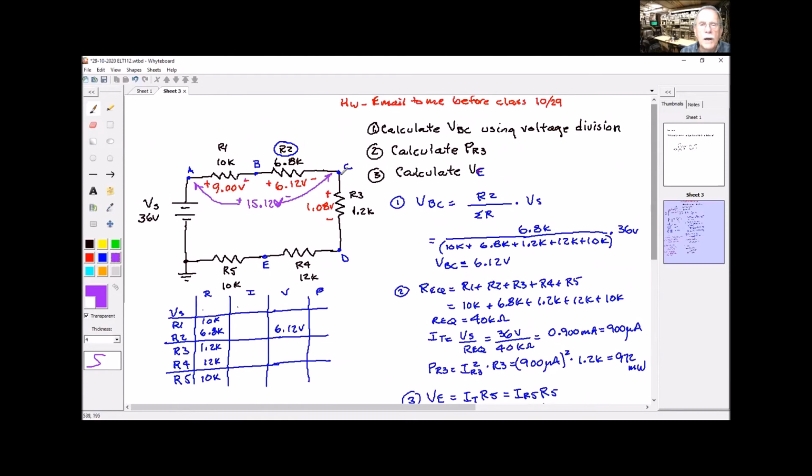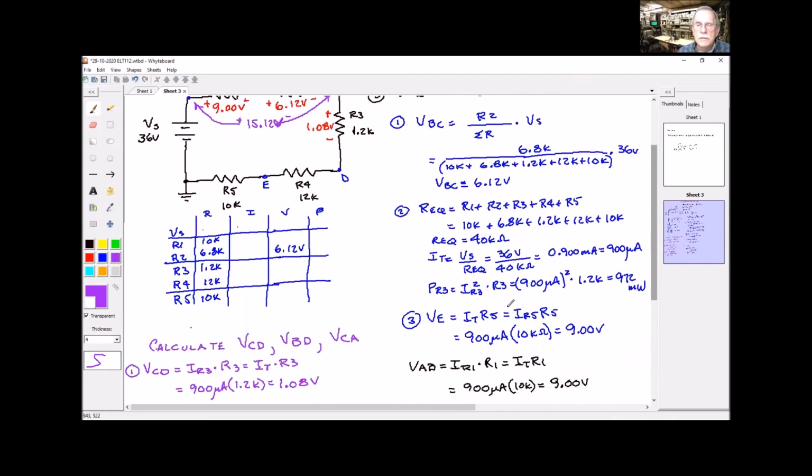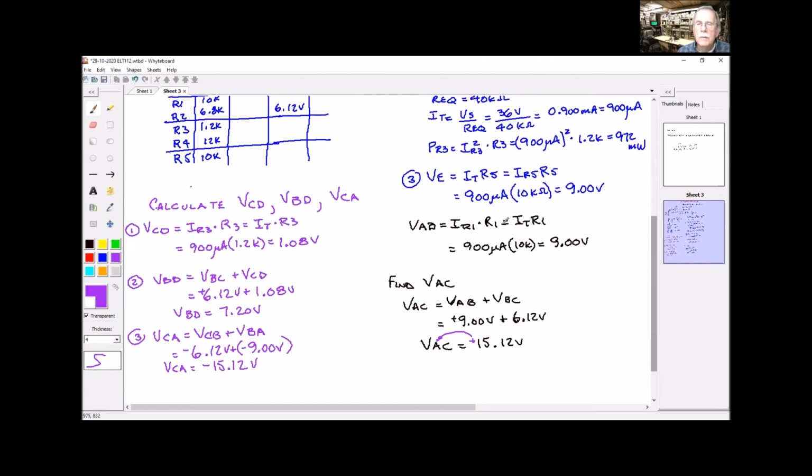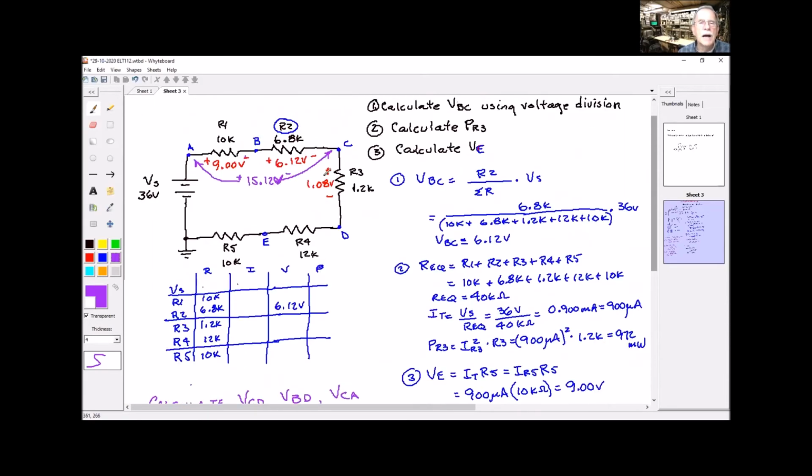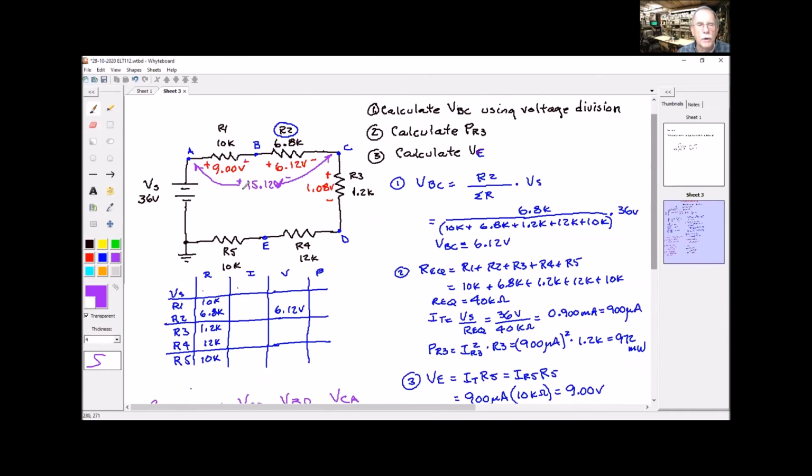If I put my red lead on A and my black lead on C, I get positive 15.12.